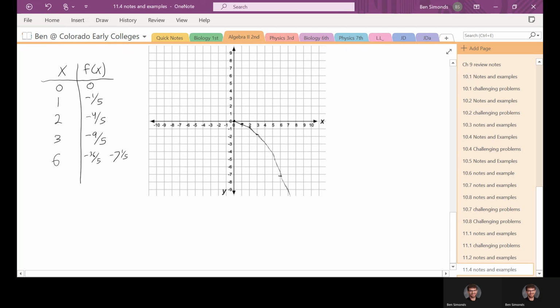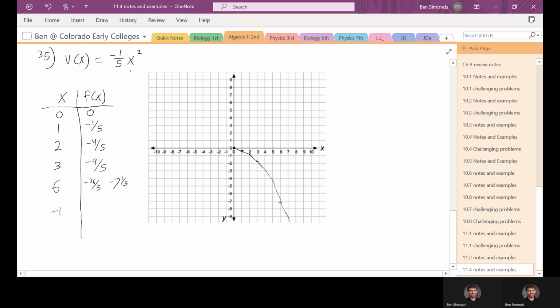Let's do negative 1. Negative 1 squared is positive 1. Positive 1 times negative 1/5 is negative 1/5. And you can already see that we're going to have symmetry again, right? Positive 1 is negative 1/5. Negative 1 also gives us negative 1/5.